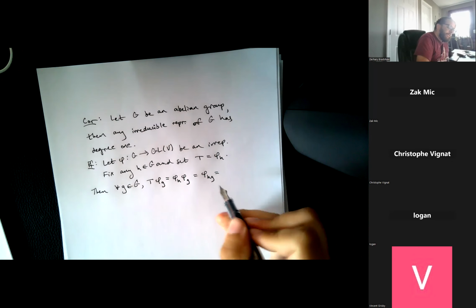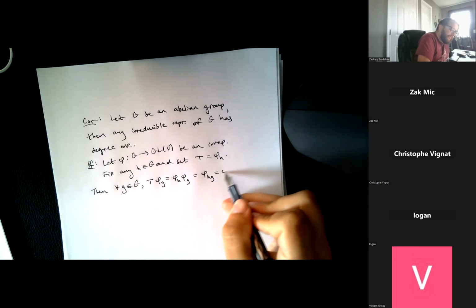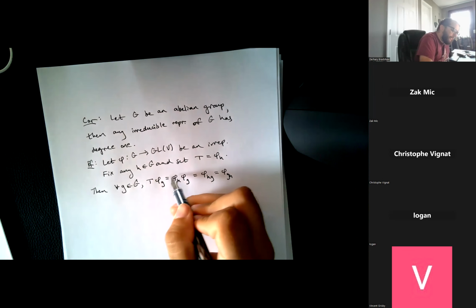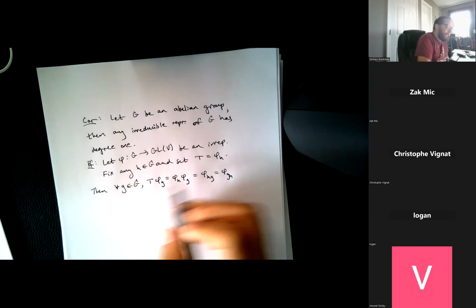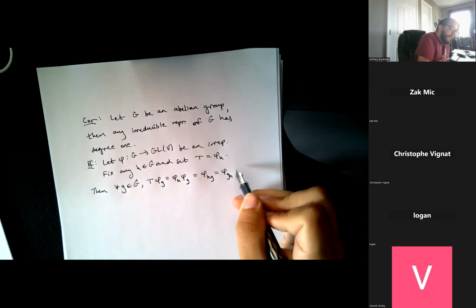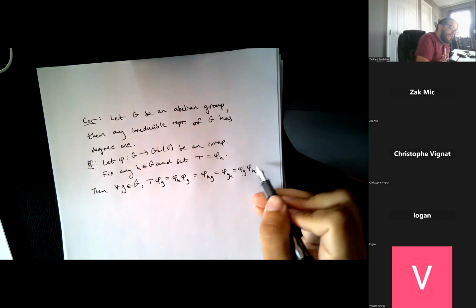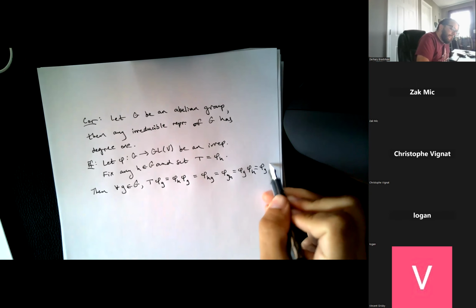But since G is abelian, we can commute these two. So that's phi gh. Oh, I dropped my T somewhere. Let's see. Oh, no, I didn't. We're good. Phi gh. And so that's phi g phi h.